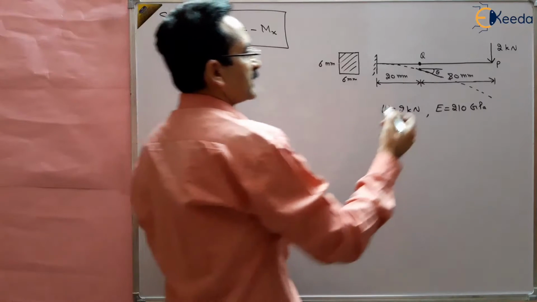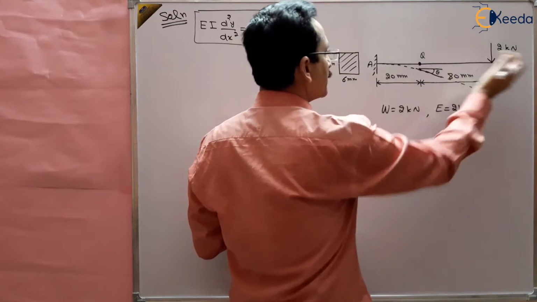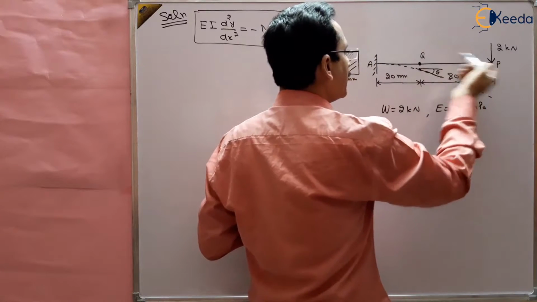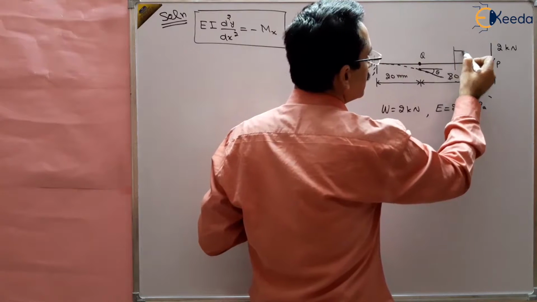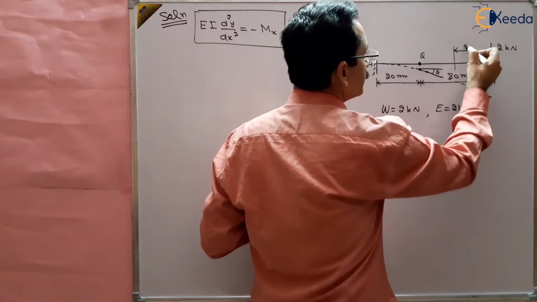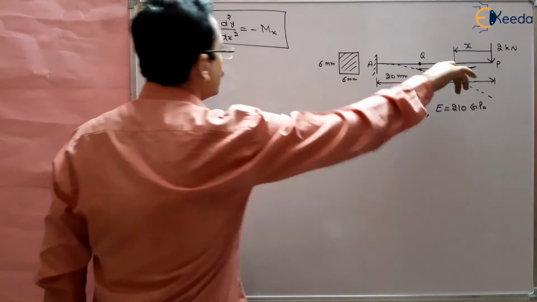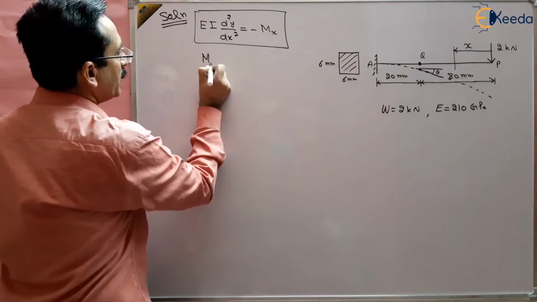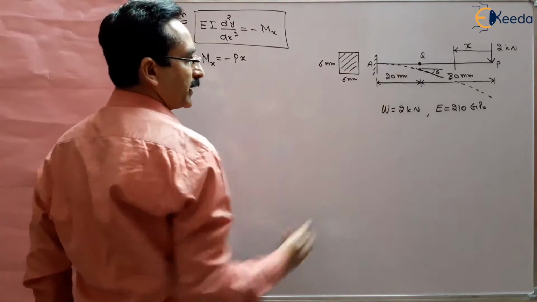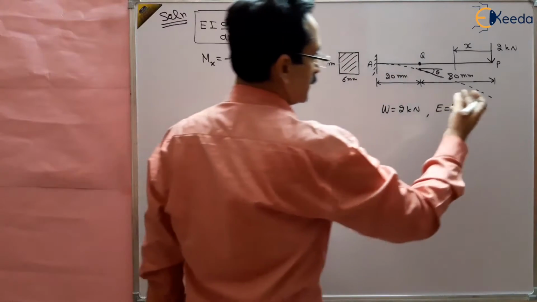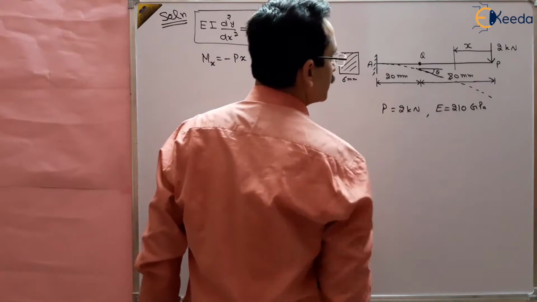So let us take any section x, which will be valid from P to, say, this is point A, for the entire beam. Anywhere you can take the section. Let us take here. It will be valid for Q also. The bending moment at x will be equal to minus Px, which is valid for the entire beam.